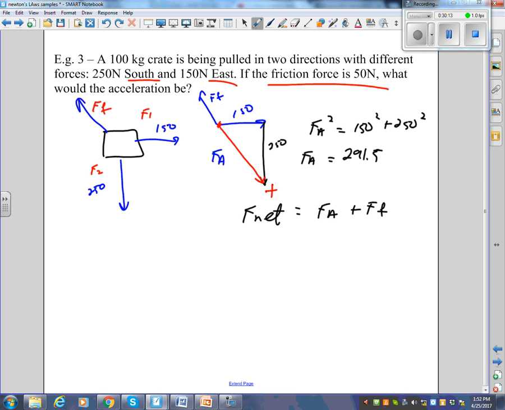Sure. We can say that direction is positive, which makes the friction negative, right? So my net force is 291.5 plus a minus 50. That I can do in my head. Yep, 241.5.